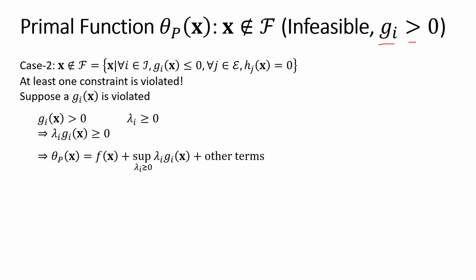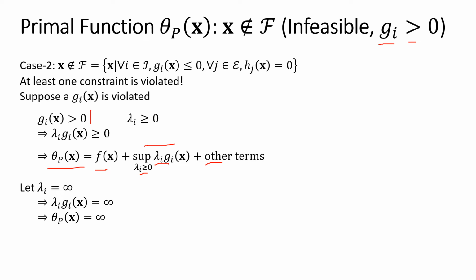Theta p of x is f of x plus the supremum over all the lambda i gi of x's, and when we let lambda i equal infinity, then lambda i gi of x becomes equal to infinity. So regardless of the other terms and f of x, this term becomes infinite when we take the supremum over the lambda i's when gi of x is greater than 0.